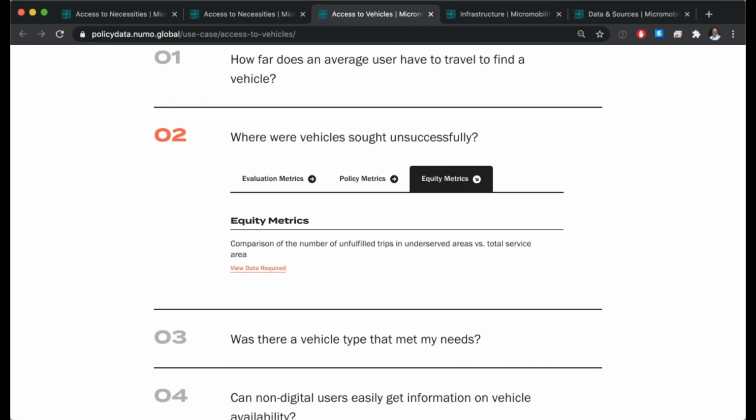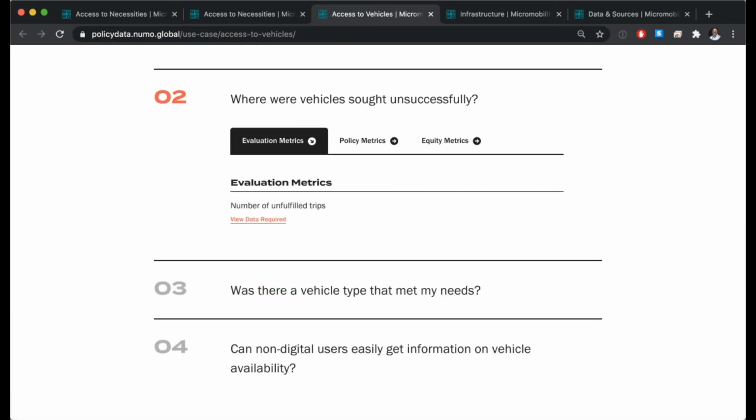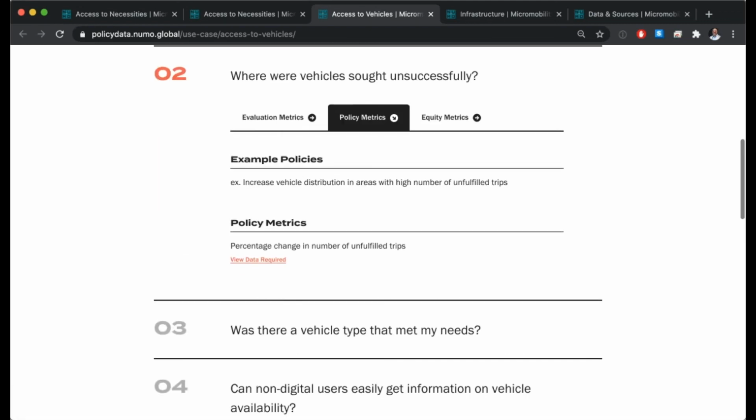So if we go down to the second question, where were vehicles sought unsuccessfully? We have a set of evaluation metrics here that's really about the number of unfulfilled trips. But maybe your city has a specific policy around vehicle distribution. So we've included that as an example policy here that a lot of cities have started to integrate into their permits.